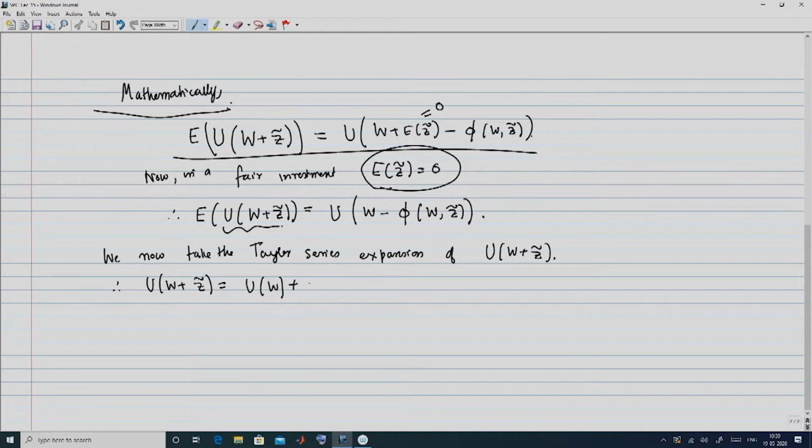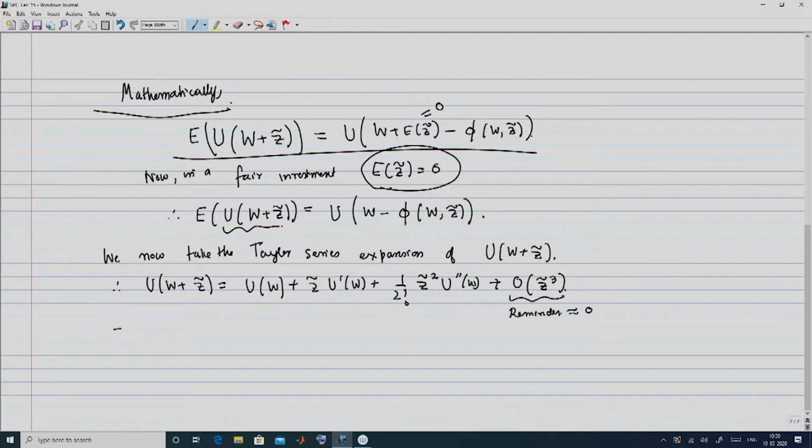This will become u of W plus z tilde u prime of W plus 1 over twice factorial z tilde square u double prime of W plus terms involving z tilde cube and higher terms. So, this is the remainder term, and this is negligible, assuming z tilde is small.